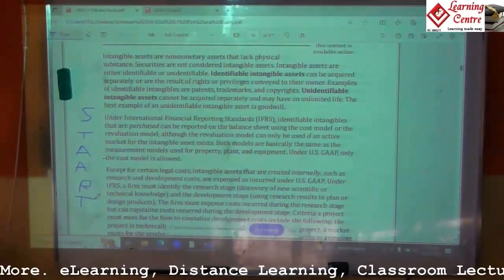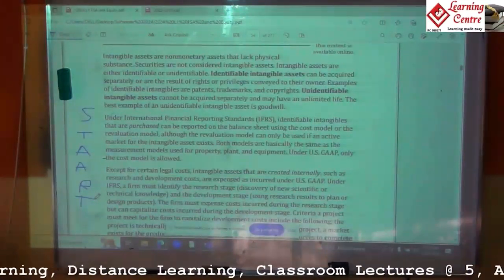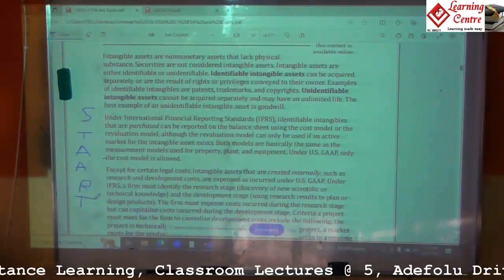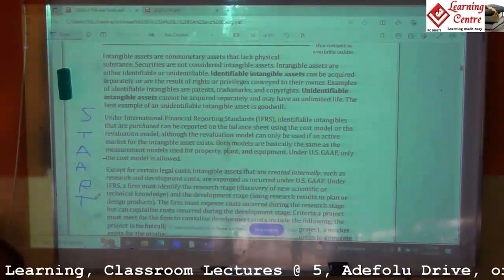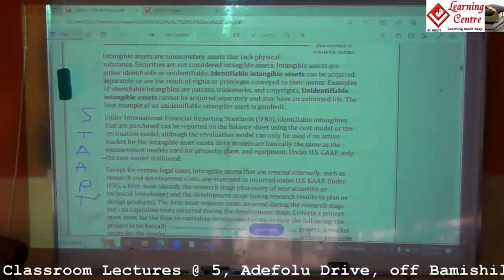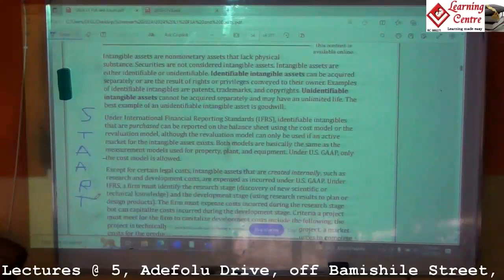So startup costs, relocation and reorganization. Once you see these costs, whatever you are doing, you expense them.